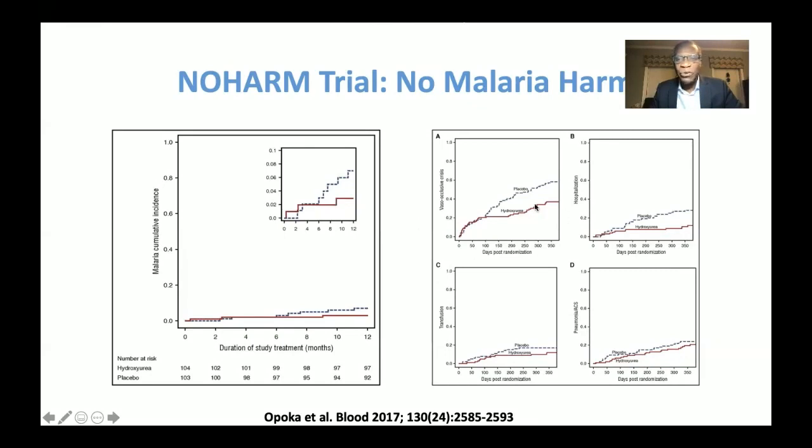Secondary outcomes mirrored those of the BABY HUG study. Vaso-occlusive events were significantly reduced in the hydroxyurea group, as were hospitalization, transfusion requirements, and pneumonia and acute chest syndrome. Therefore, hydroxyurea therapy is safe in malaria endemic areas.